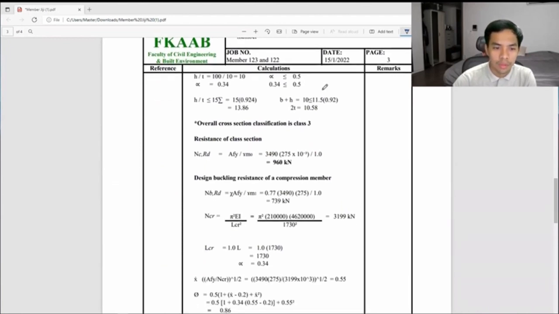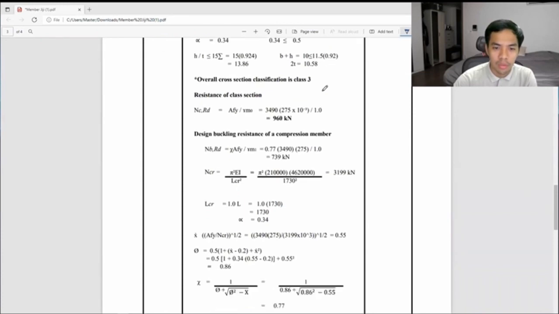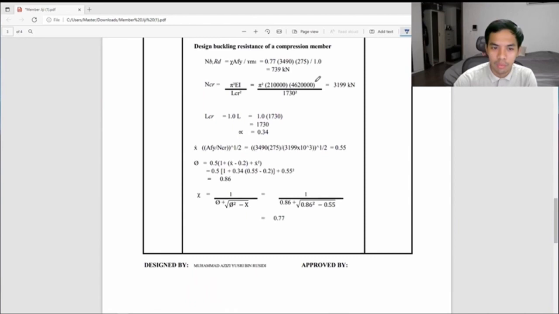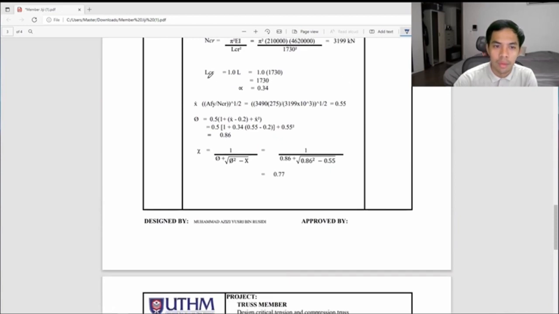And the resistance of the cross section N_c,Rd equals 960 kilonewton. For the design buckling resistance of a compression member, N_b,Rd equals chi A f_y over gamma M1 equals 739 kilonewton. And for the N_cr, we get a value of 3199 kilonewton. And the value of L_cr is 1730 for alpha equal to 1.34.